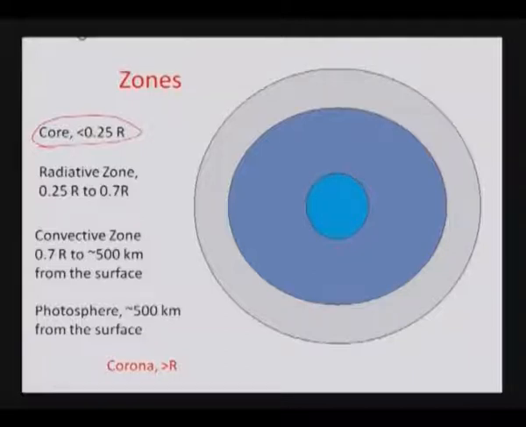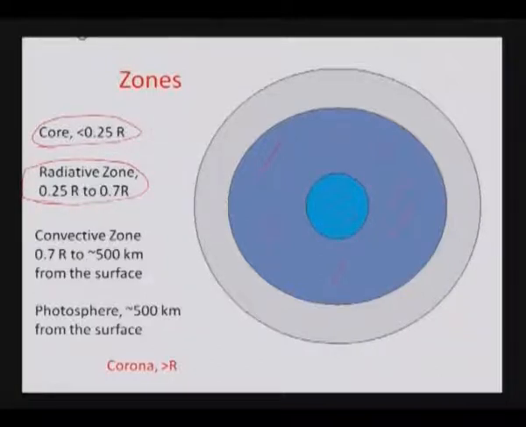Most of your fusion is taking place inside this core, up to 0.2 or 0.225 of the radius. And then the next is the radiative zone, surrounding the core, that goes from 0.25 R to 0.7 R.